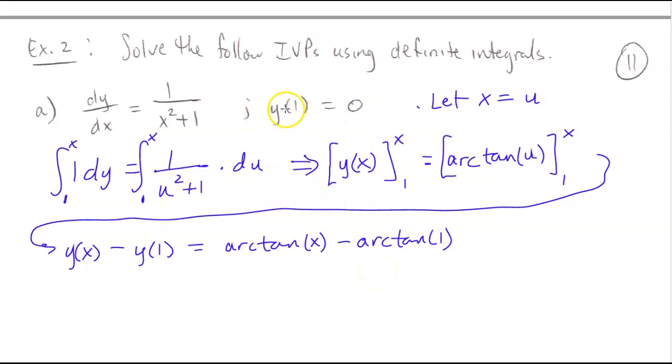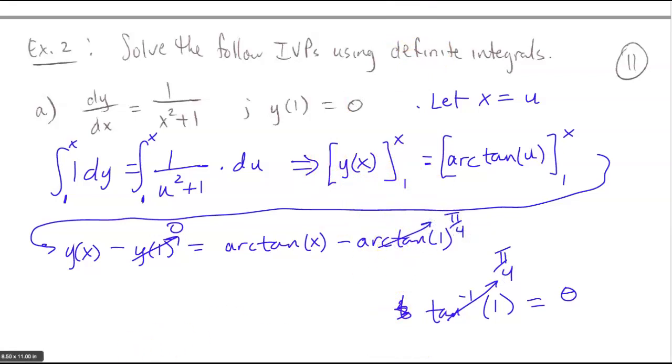And of course, here we know that y of 1 is 0. And if we look at arctan, arctan of 1 is the same as saying tangent inverse of 1 is equal to some angle. In this case, this would end up being pi over 4 if we're thinking about it in radians.